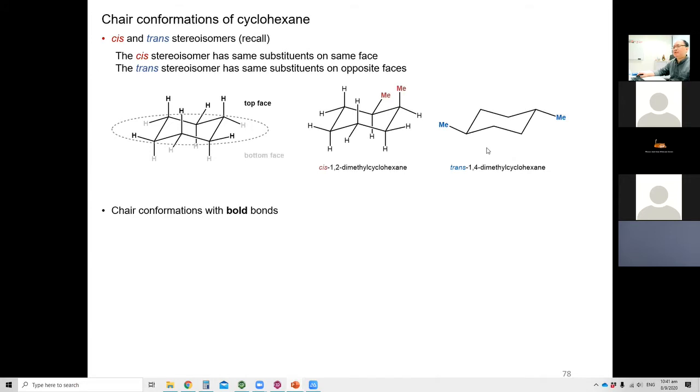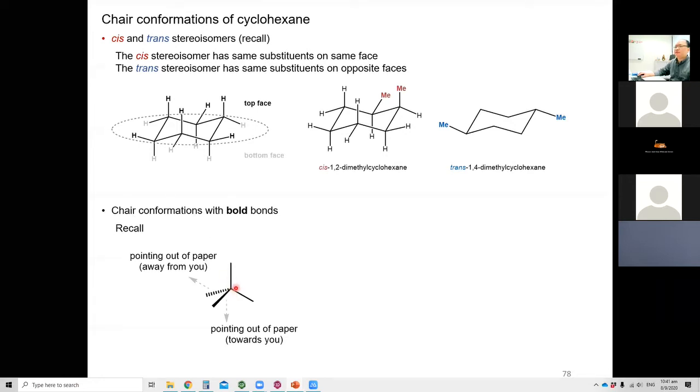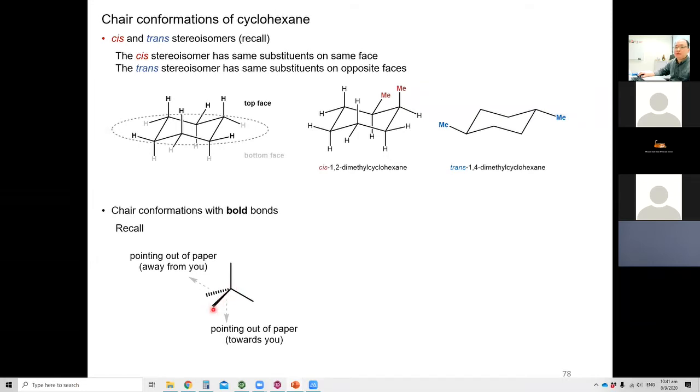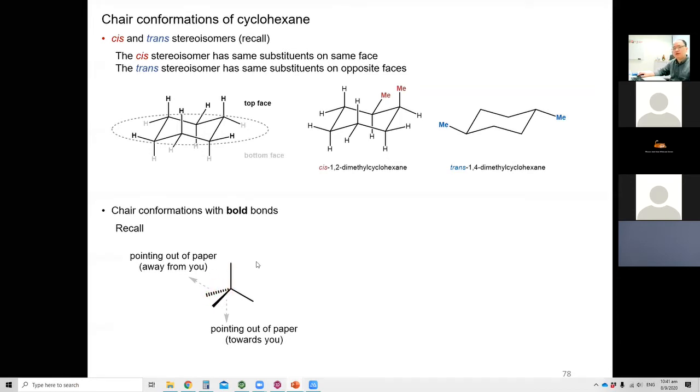And another thing I want to talk with you about is that sometimes we draw chair conformations with bold bonds. If you remember, when we draw sp3 carbons, the bold bond means the bond is pointing out of the plane toward you, right? And the dashed bond is pointing away from you. The same applies to chair conformations.